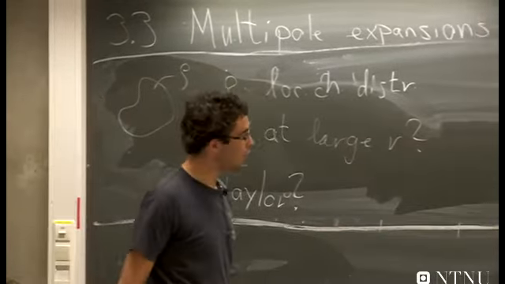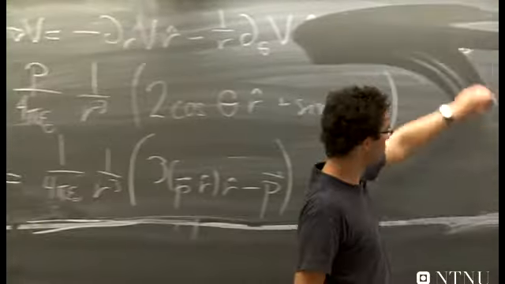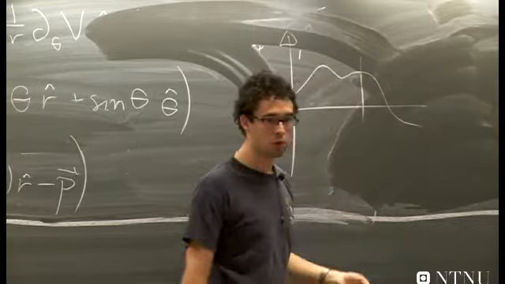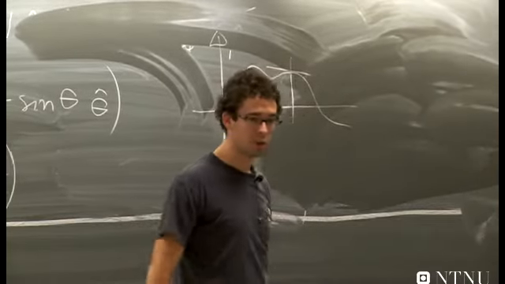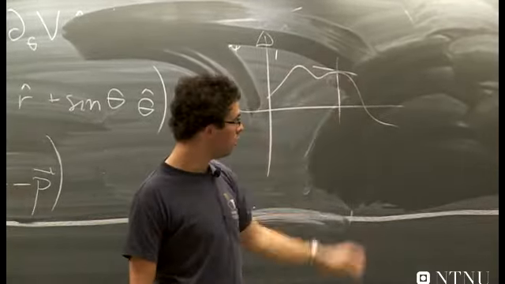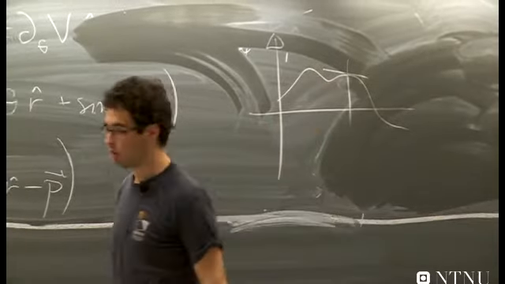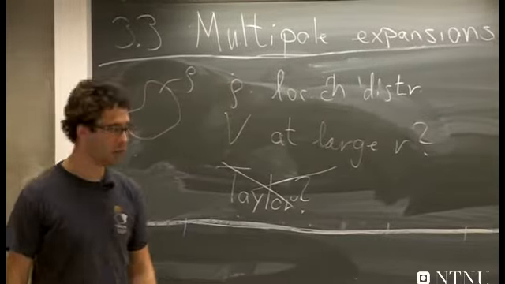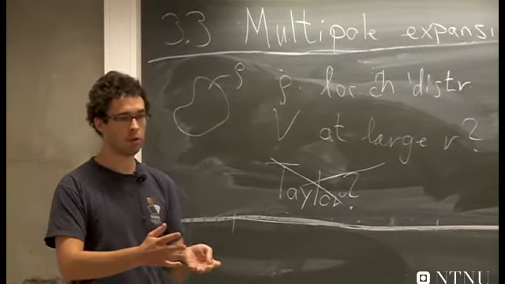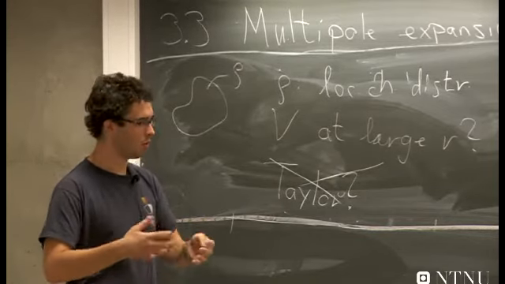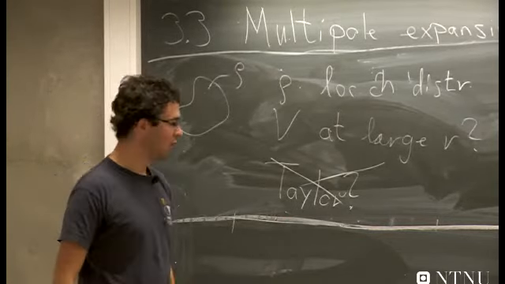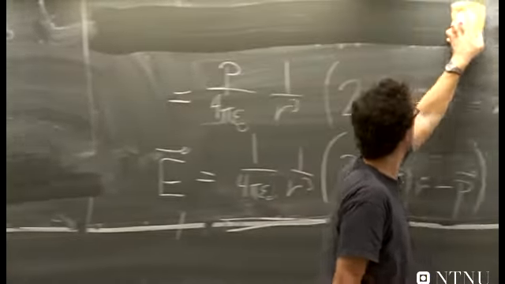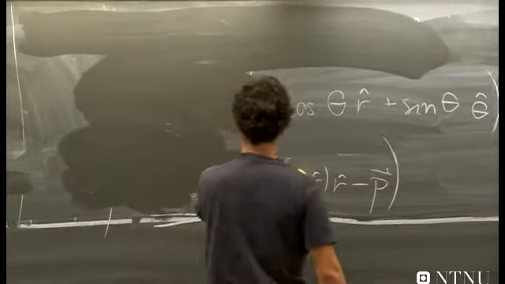If you have some function and you expand around some point, the first approximation is the linear approximation. It's really good if you're close, but if you're far away, it doesn't mean anything. So the Taylor expansion is a good idea if you're close to the point you're expanding about. But now we want to look at what goes on if I go far away, at infinity. And then the answer is, of course, to use the multipole expansion.